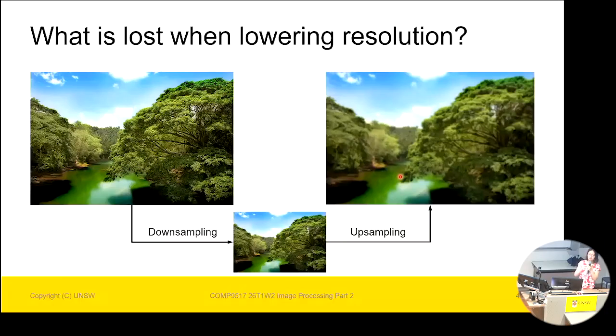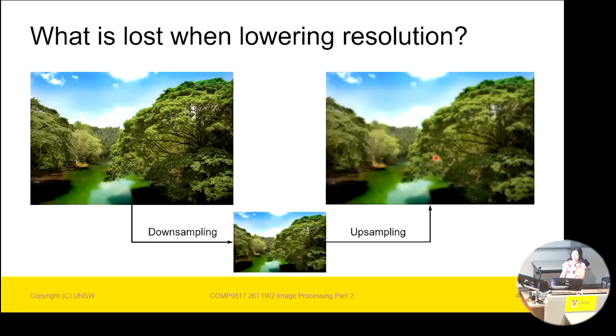That means we go from a low resolution image, remember we talked about spatial resolution in the first week, meaning a smaller image, and then you try to go up to a bigger image. We have pretty smart deep learning ways to do it. But if you just do the basic duplication of pixels to get back the original size, you don't get back the original information.